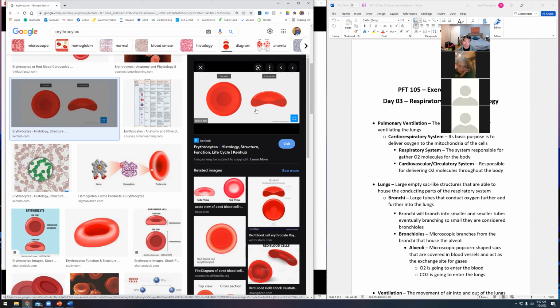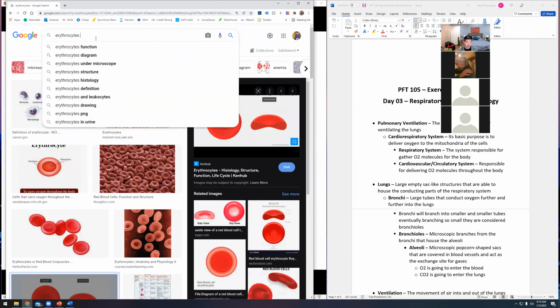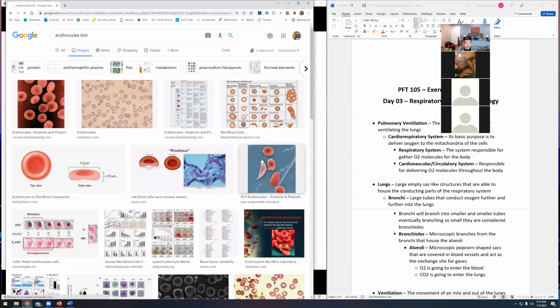And then also, imagine if you had something like that made out of rubber and you tried to squeeze it from end to end, it would fold really easily. When something's thinner in the middle, it just makes it very good at folding. Let me see if I can find a picture of a little red blood cell folded, squeezing through a capillary.